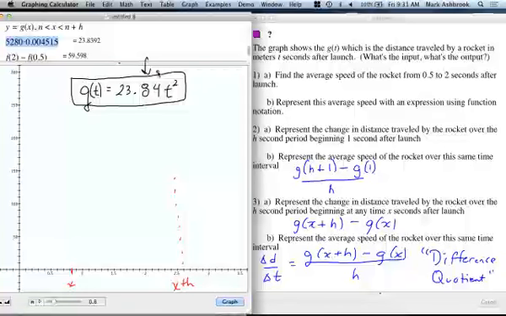Tell me what you got. Wait a sec. Just give you the rule now. No, B, 3B. The difference quotient. Very last time we did.